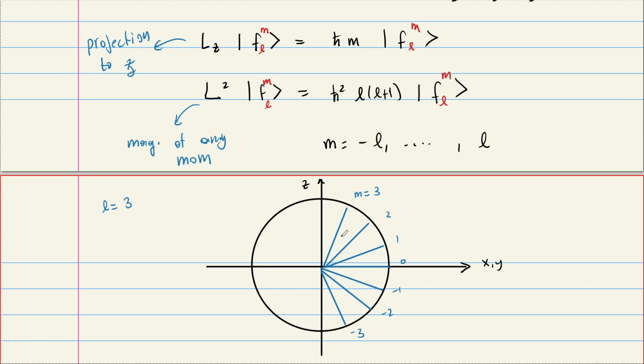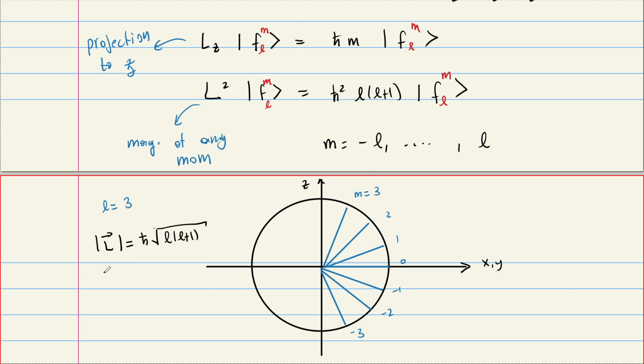And the magnitude here: the magnitude of L is the square root of L squared, which is h bar root L plus 1.